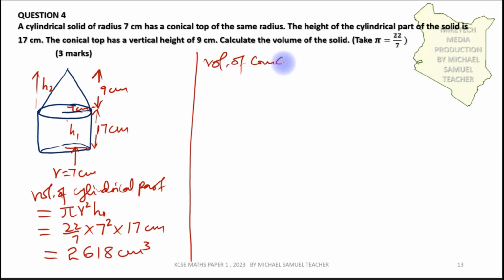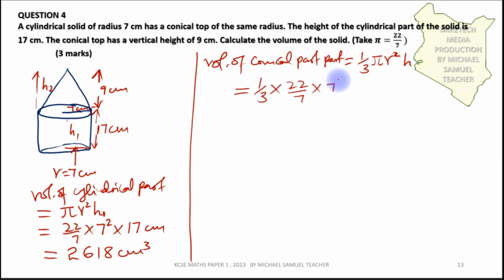And then the volume of the conical part will be given by a third pi r squared times height. So a third times the base area times height. So for this case, we have a third times pi, which is 22/7, times r, which is 7 squared, times the height of the conical part, which is 9 centimeter.